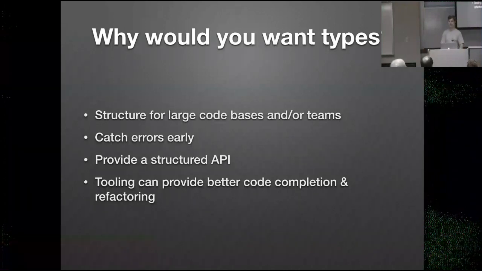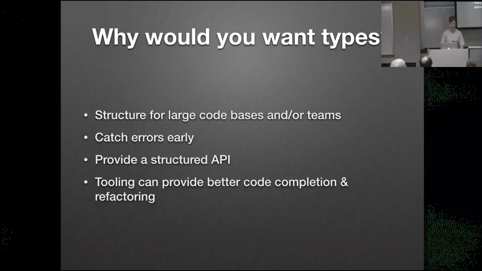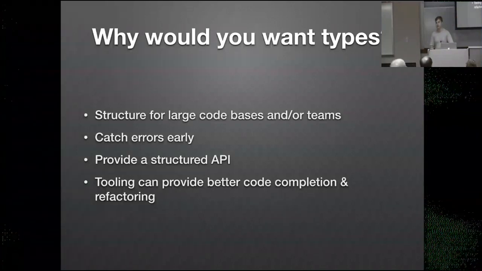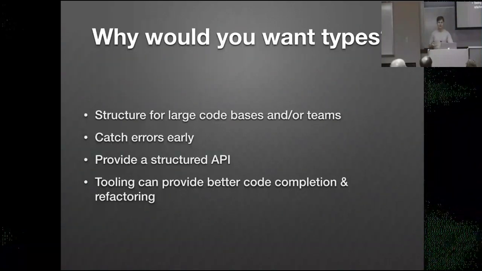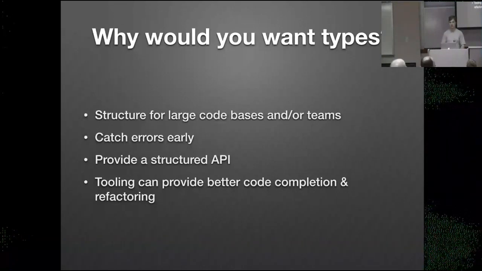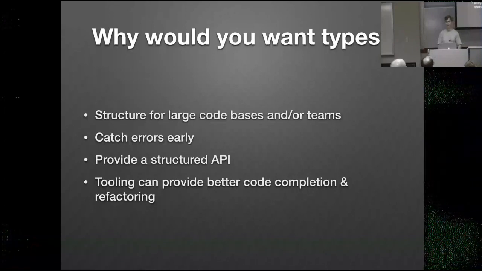And then finally, the tooling, as a result of the type information, can provide a lot better code completion and refactoring. And I found this helpful when I was learning a new JavaScript library. I was learning how to build Angular apps, and you don't have to call a lot of Angular methods, but when you do, it's really helpful for the editor or IDE to give you a nice drop-down list of what the different things you can call on, let's say, the log service in AngularJS.